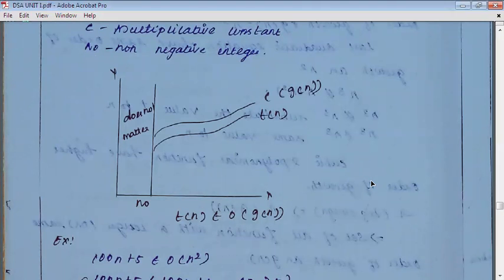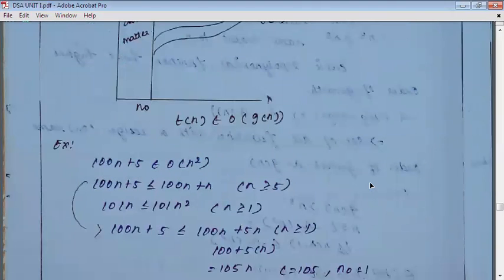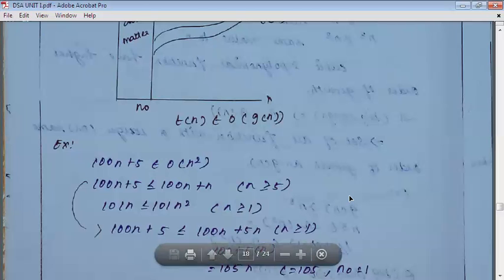Example: 100n plus 5 belongs to big O of n squared. To reach n squared, n has to be multiplied by n, so 100n plus 5 belongs to less than or equal to n squared order. Suppose the n value is 5, or 1, at that time everything is less than or equal to g of n.